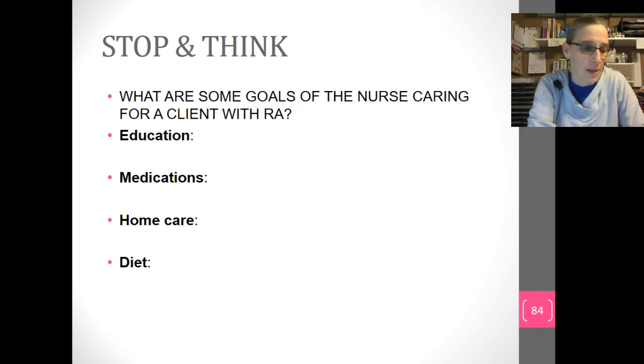NSAIDs will upset the stomach. Steroids: never stop abruptly, and they increase the risk for illness because they suppress the immune system. Instruct them to take the medications even when they feel better, because these are maintenance therapy. That's a huge thing to educate patients on. For home care, who's going to help them with their ADLs? Be sure they're eating a well-balanced diet to prevent malnutrition.